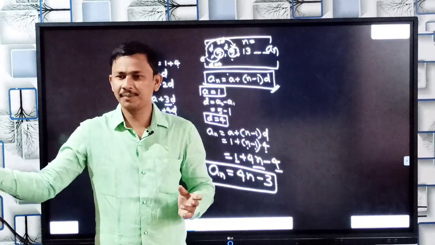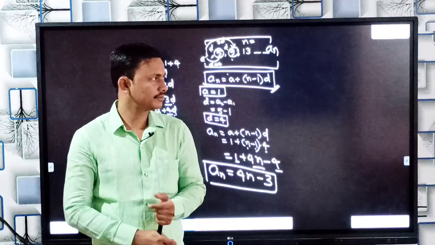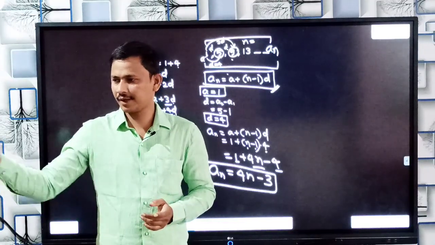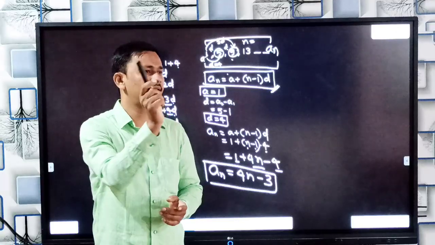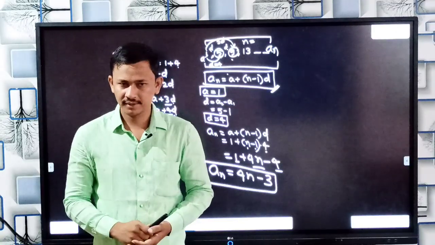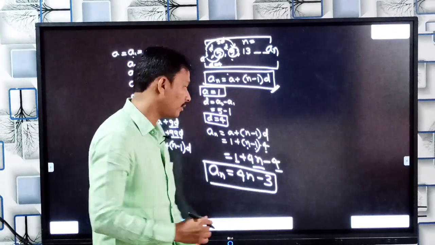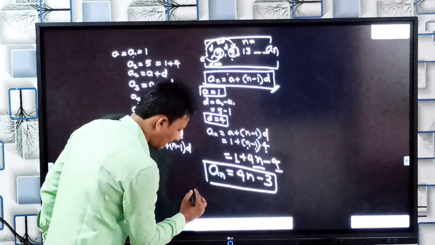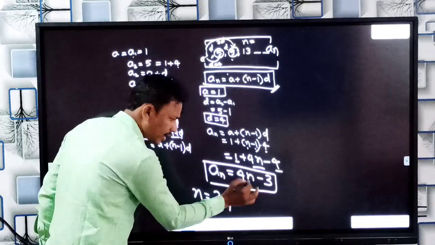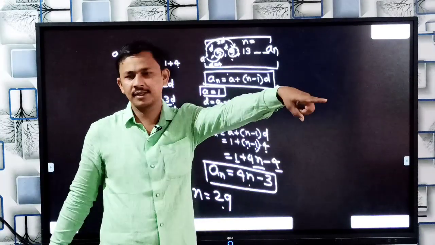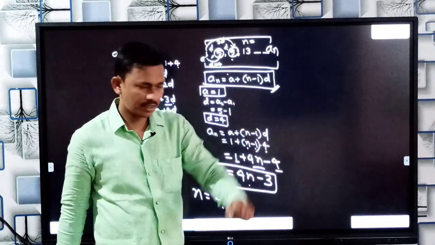How many people, how many students are there? 1, 2, 3, 4, 5, 6, 7, 8, 9, 10, 11, 14, 17, 20, 23, 26, 29. Isn't it 29? What is n value here? n is equal to 29. If you put n value here, you will get the amount with Srishti. Correct?